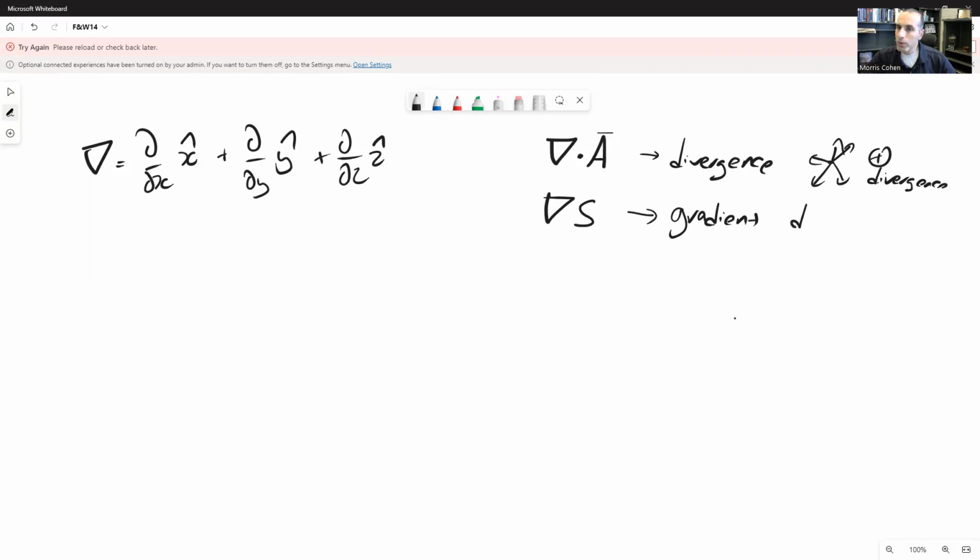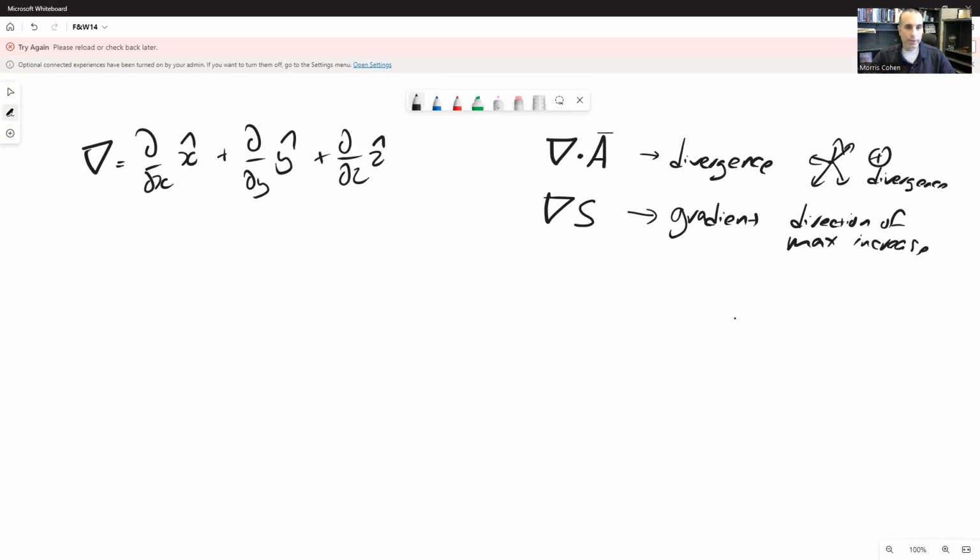And that's basically the direction of maximum increase of that scalar. So for example, if S represents temperature, which you can define anywhere in a three-dimensional space, then the gradient of S will tell you the direction you need to go in order for the temperature to increase the fastest.